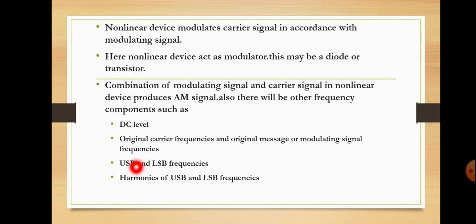And also there will be the upper sideband frequency, that is Fc plus Fm, and the lower sideband frequency, that is Fc minus Fm, and also harmonics of USB and LSB frequency. Harmonics means twice the frequency of USB and twice the frequency of LSB, or thrice the USB frequency or thrice the LSB frequency; harmonics means periodic repetitions of the same frequency.